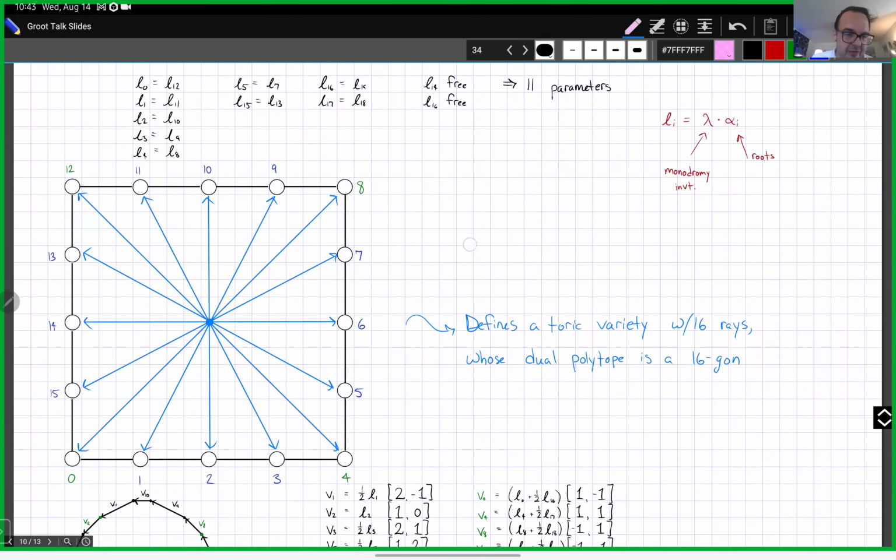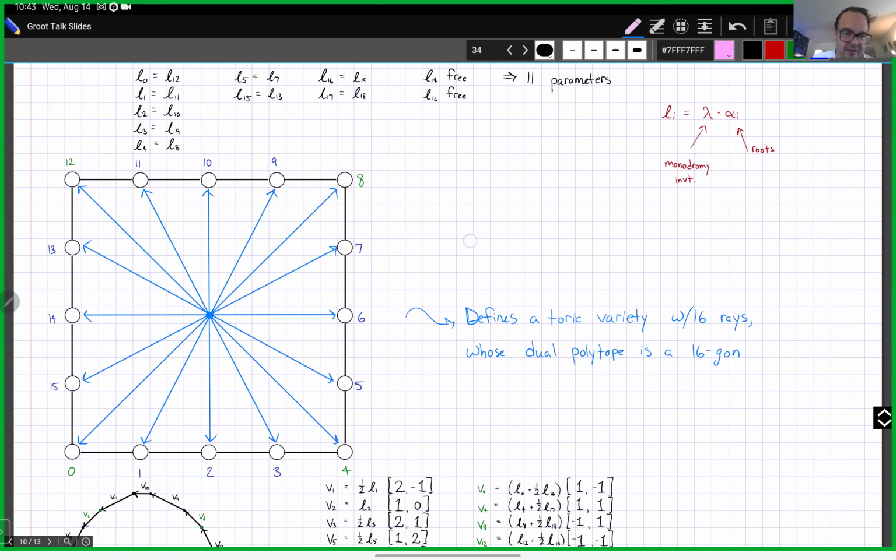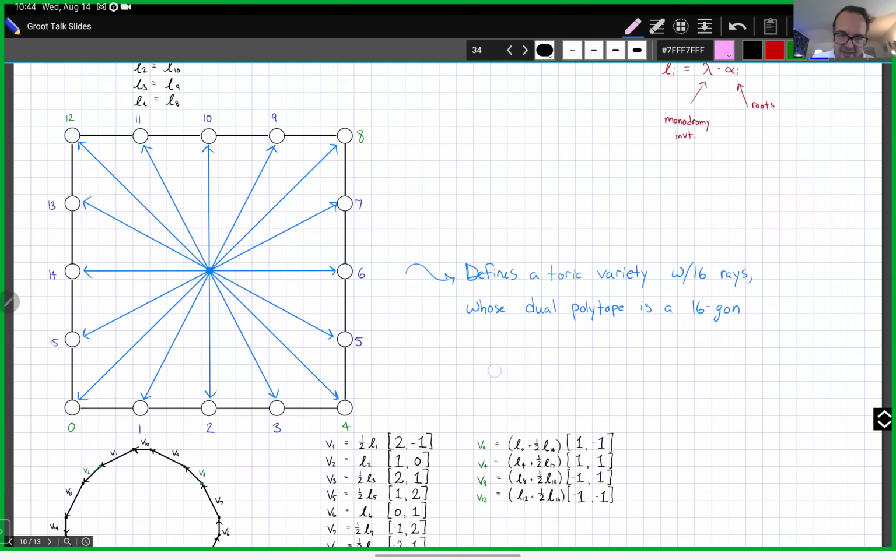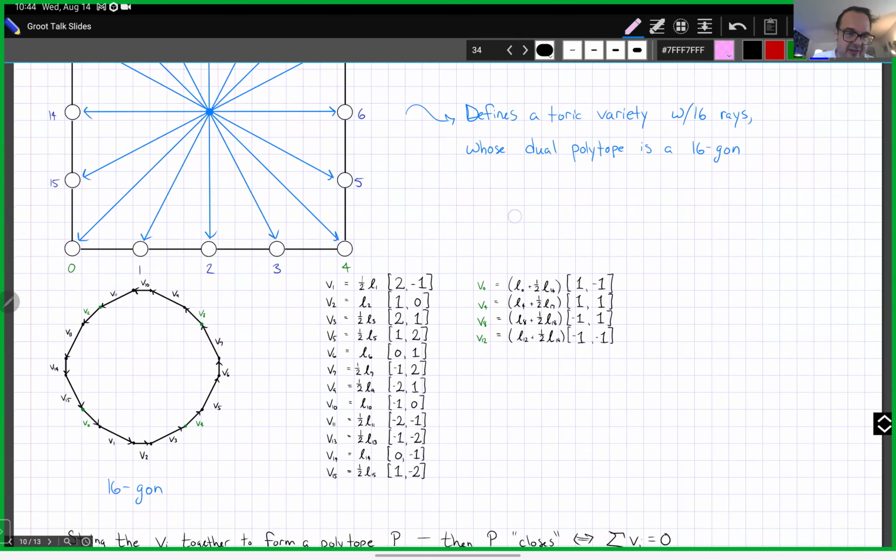And so these L sub i's we'll use as the lengths of certain vectors. So there's a way to take this diagram and produce a toric variety. So essentially we're taking, looks like 16 rays in this case in some lattice. And then there's some specific choice of vectors. So if you take the dual of those rays, you'll get some polygon.